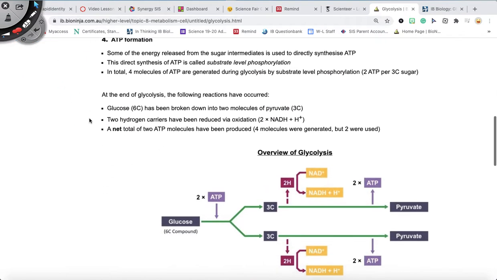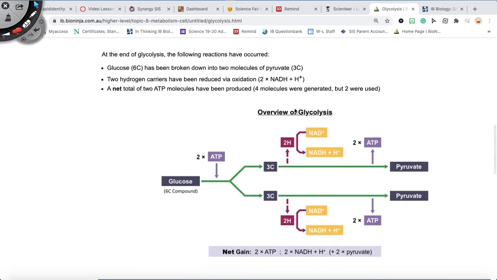So if we look further down here, we see the overview of glycolysis. Here we see the 6-carbon compound, which is glucose. You require energy, right? 2 ATP molecules to get the breakdown of the 3-carbon triose phosphates. These are intermediates here. Phosphorylation happened here as well.